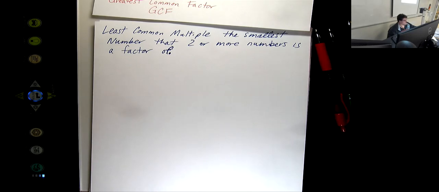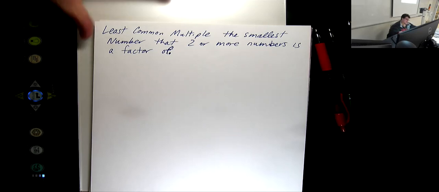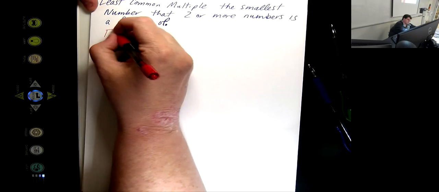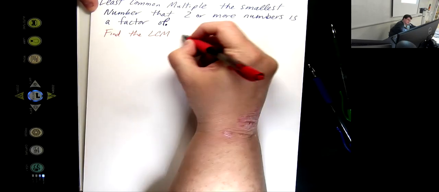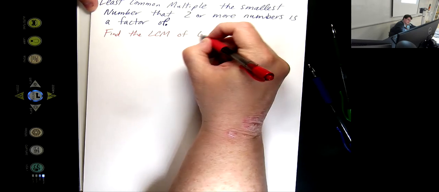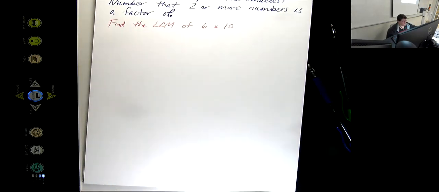And I'm going to use the 60 that we just did as an example. Let's find the least common multiple of 6 and 10. Those are two numbers that are useful. It's not going to be 60.